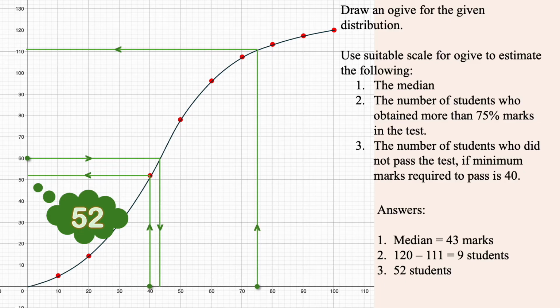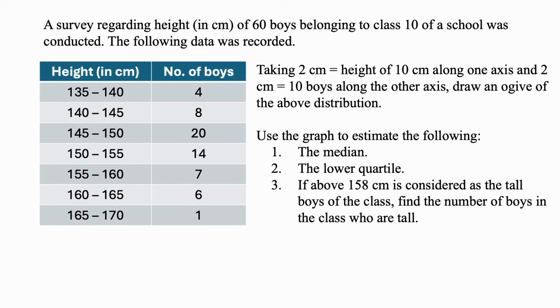So this is how we get information from the ogive, from the graph that we have created. Let us take one more example. The question says, a survey regarding height of 60 boys belonging to class 10 of a school was conducted, and the following data was recorded.